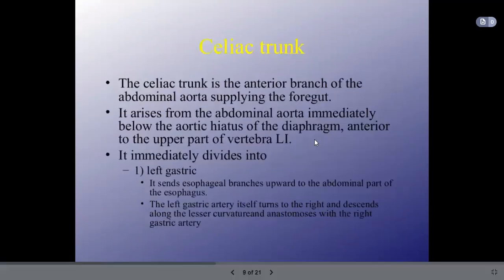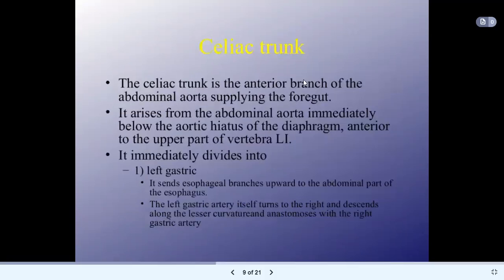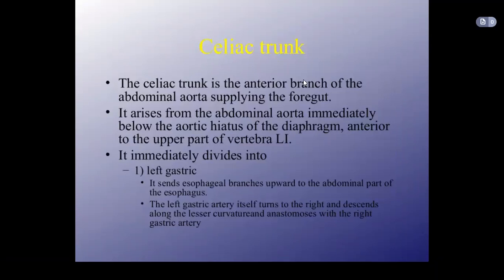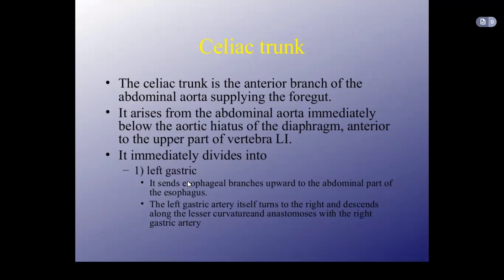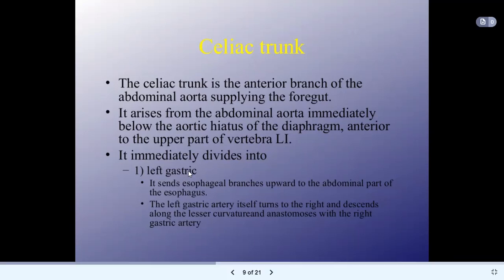So let's look at the celiac trunk. The celiac trunk is the anterior branch of the abdominal aorta that supplies the foregut, as we already said. It arises from the abdominal aorta immediately below the aortic hiatus of the diaphragm, anterior to the upper part of the first lumbar vertebra. It immediately divides into the left gastric artery. Remember, we said the left gastric artery supplies the lesser curvature of the stomach.